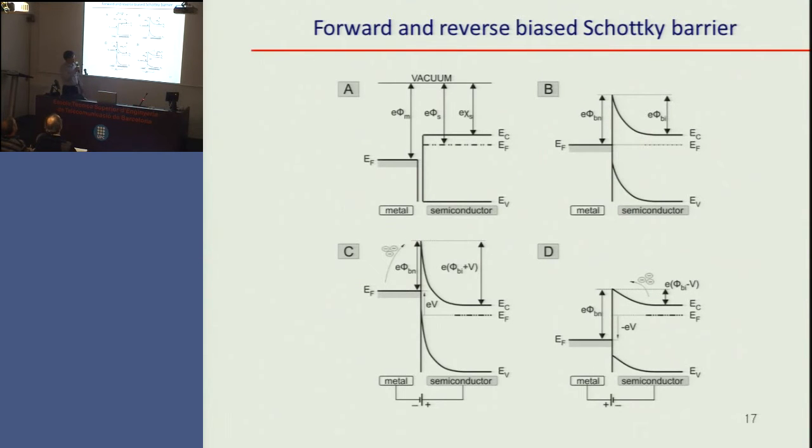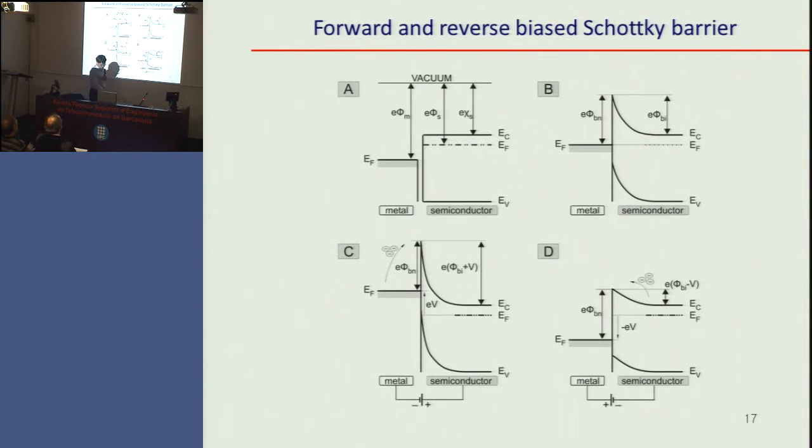Because of that, if you apply a bias like this, the barrier height becomes high, so eventually current cannot flow easily. However, if you bias like this, which is called the forward bias, the current can flow. So it shows rectification simply by metal and semiconductors.